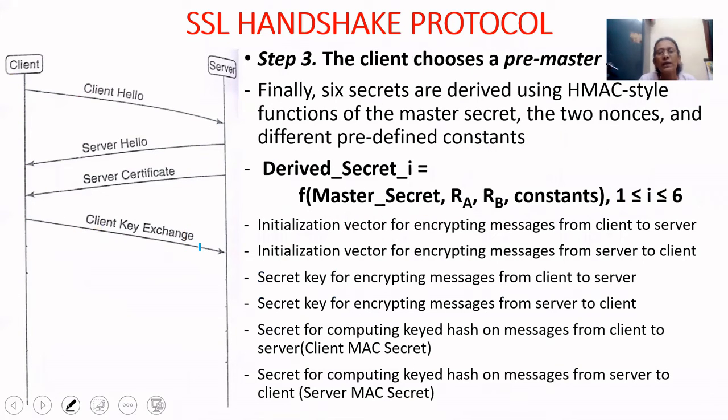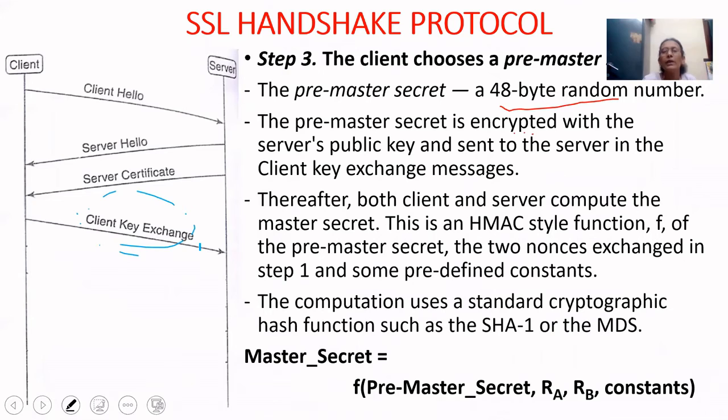In this step, the client chooses a pre-master secret, encrypts it and sends it to the server. This encryption is by the server's public key. This encryption is the most time consuming process in all these. All the other previous messages are only being sent in the clear.